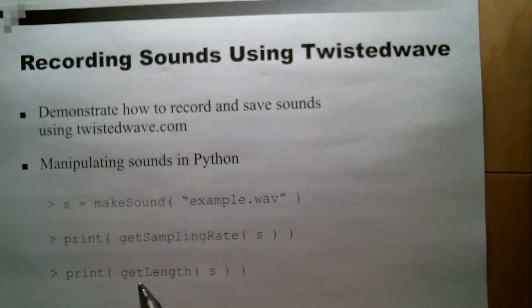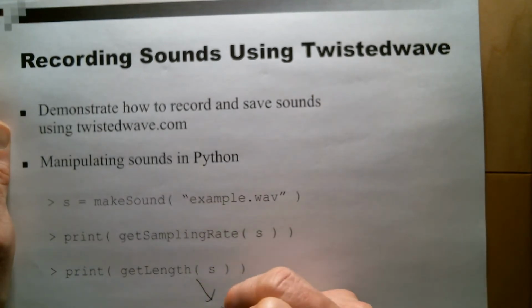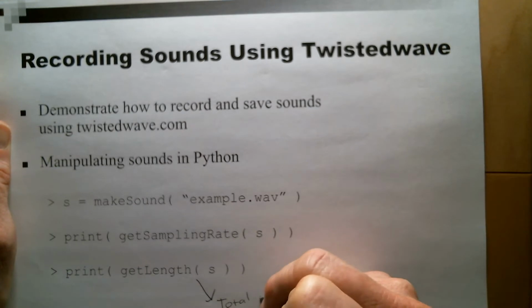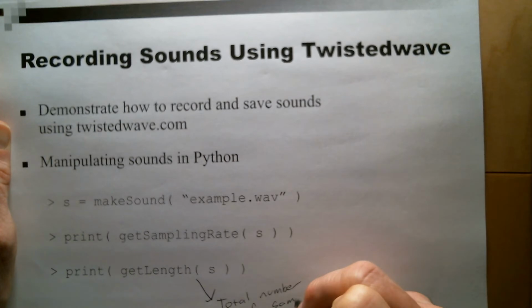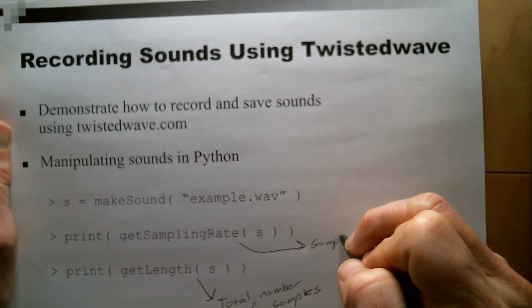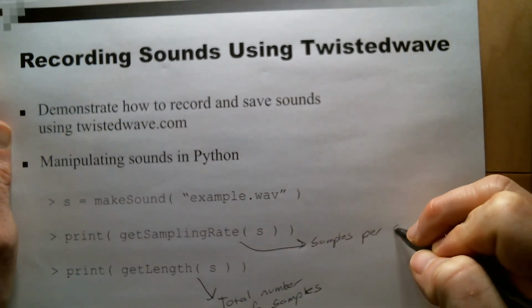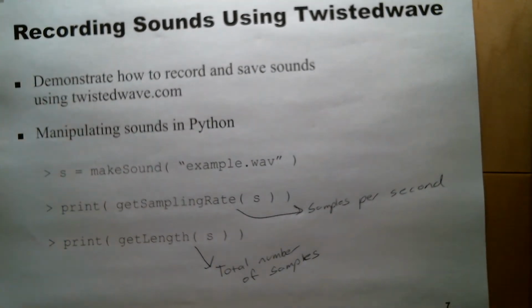So get sampling rate will give you the samples per second, and get length will tell you the total number of samples. But a lot of the commands are going to be very similar to what we've been doing. They're just going to relate to audio as opposed to the visual that we had been working with.